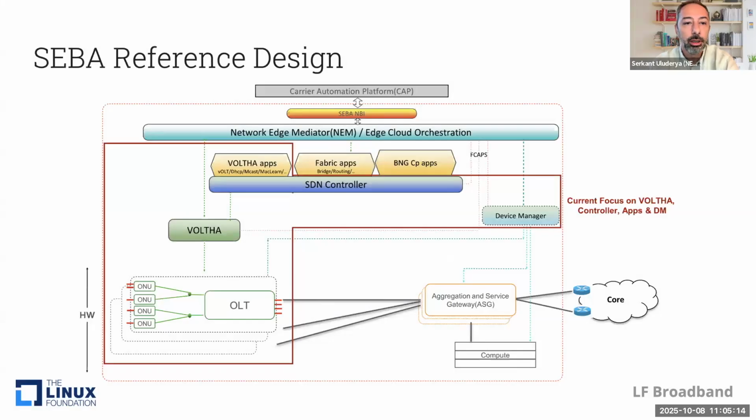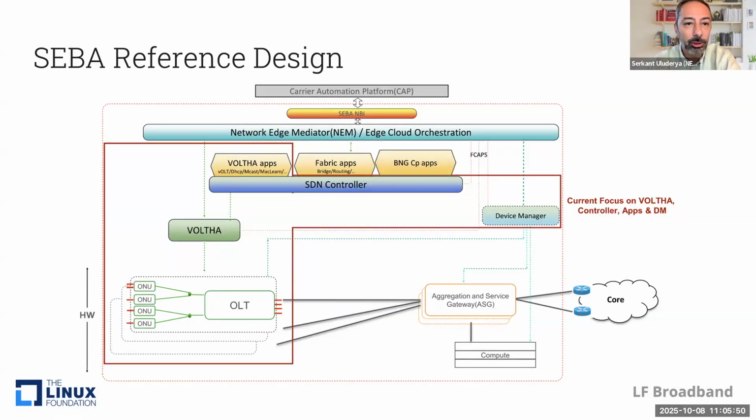Moving on, and looking into the SEBA reference design, if I start from the top, there's a carrier automation platform which encompasses what operators have. This could be directly the operators' OSS/BSS systems or any intermediary systems of the operator. This talks to the SEBA northbound interface, which is a standard interface that is also evolving with the project.